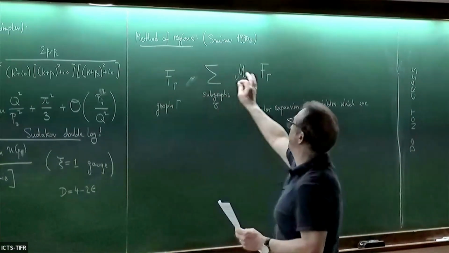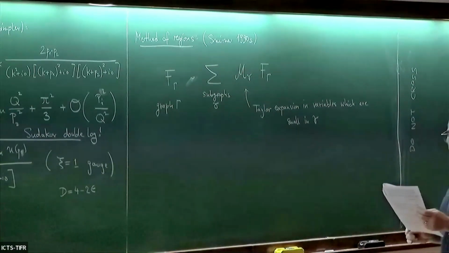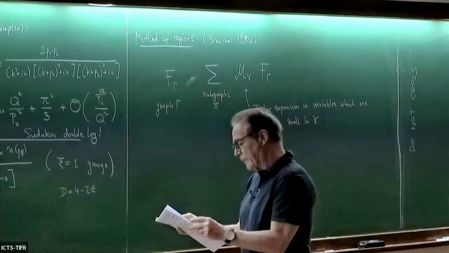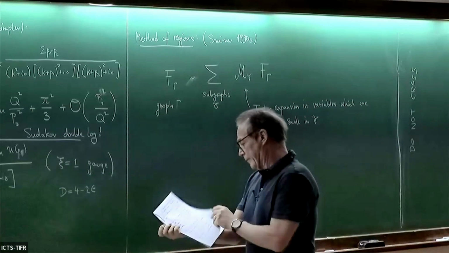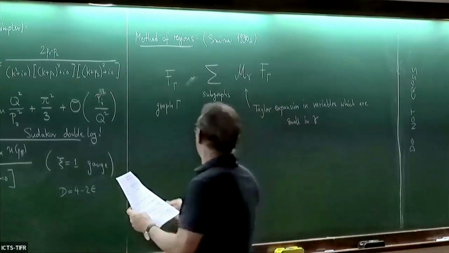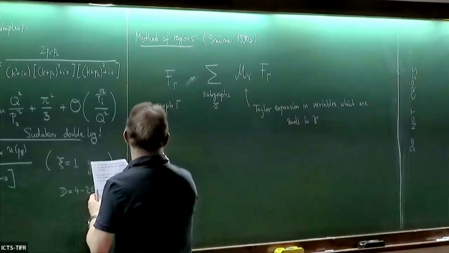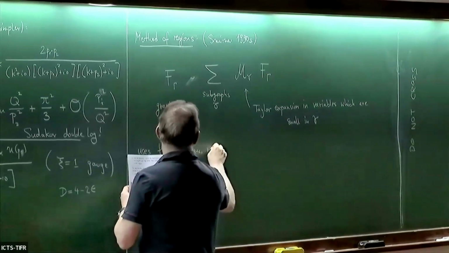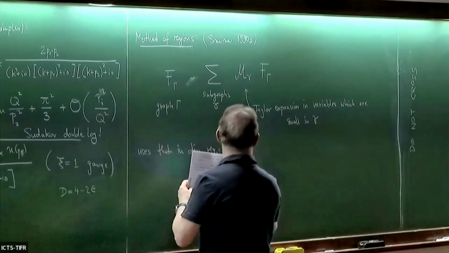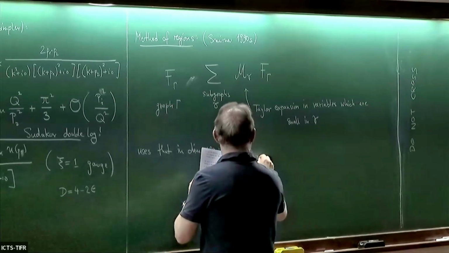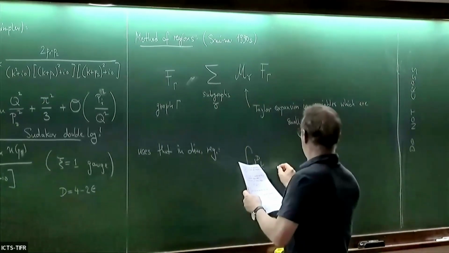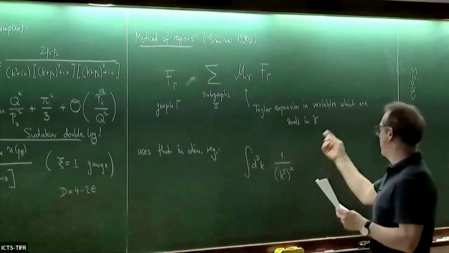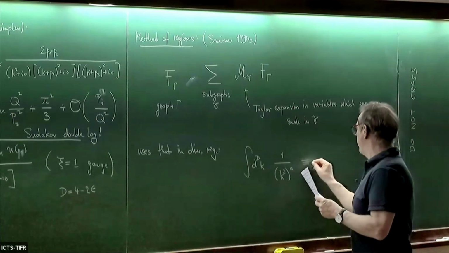And in fact, this theorem only works in dimensional regularization. So this uses that in dimensional regularization we have the following marvelous identity, that a dimensionally regularized integral of a scaleless integrand, something like 1 over k squared to some power a, is identically zero.